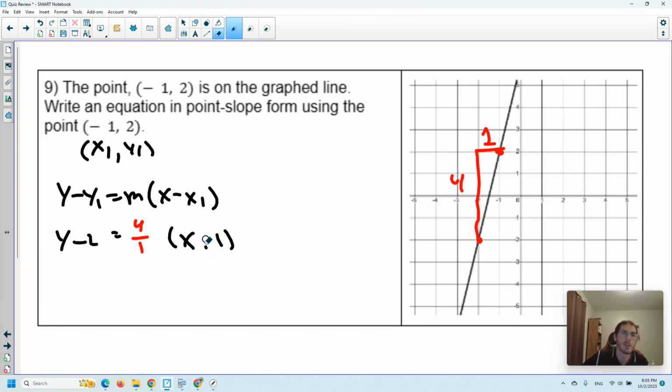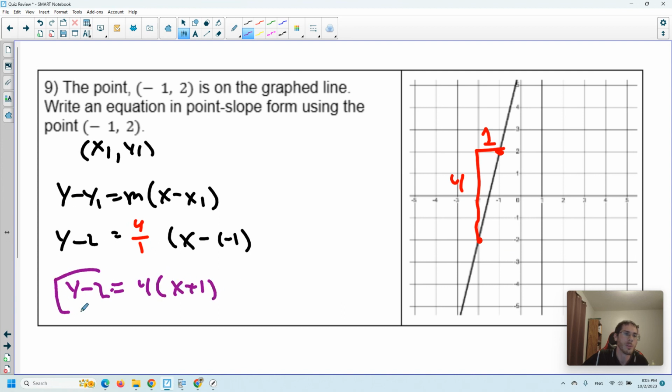I'm going to go ahead and switch this back to minus -1 because I'm going to need another line to reduce anyway. And then the final answer is going to be y minus 2 equals 4(x plus 1). So we'll do all the simplifying. 4 divided by 1 is 4. And then the minus -1 is going to turn into a plus. So there we go. We're all set.